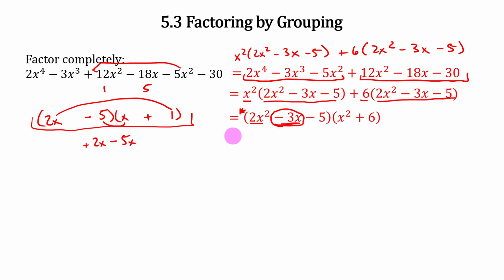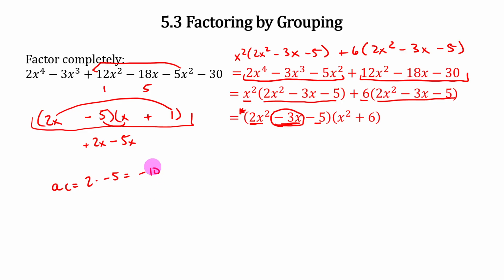If you need to do the AC method, we're going to look at multiplying a and c, and then figuring out, so AC equals 2 times negative 5, which equals negative 10. Okay?